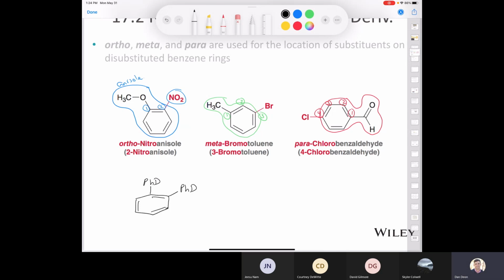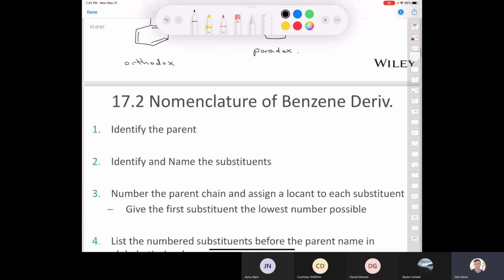Since it's a PhD, which represents a doctorate, and they're 1,2 substituted, we would call this orthodox. And then, of course, if you have them arranged like this, and this is just a joke, I'm just being silly with you guys, this is called paradox. So there's some organic chemistry humor that you can share with your friends who are taking organic chemistry. Maybe. Anyhow, it's just something kind of silly.